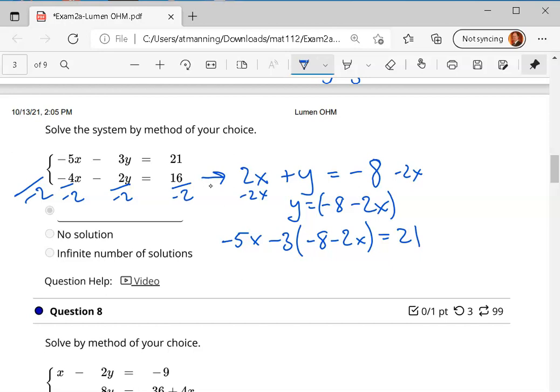Over here, I just have all x's. Let's just multiply out and get x by itself on one side. So negative 5x minus, now 3 times a negative 8 becomes a plus 24, right? Plus 24. And a negative 3 times a negative 2 becomes a plus 6x.